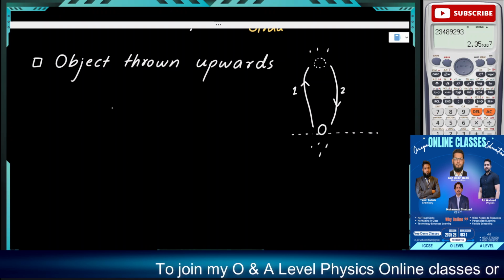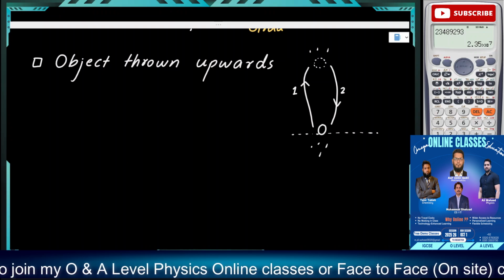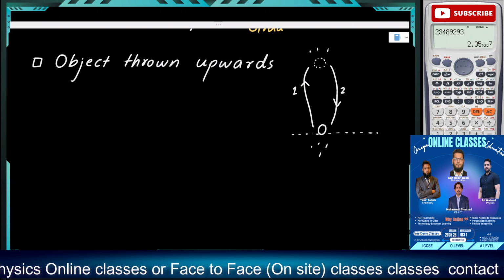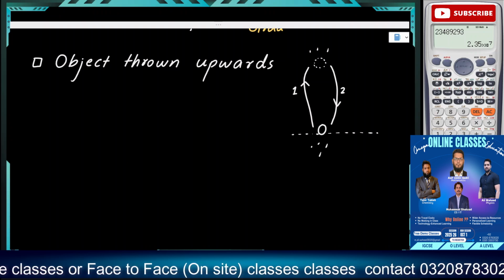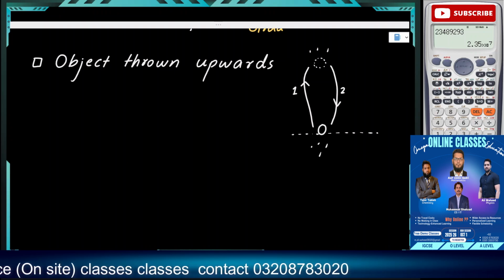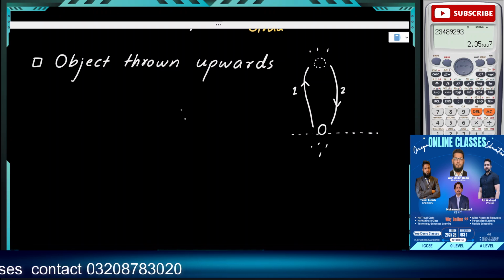So let us consider the first part, when the object is thrown upward, when the object is going upwards. And we'll have to consider a sign convention also. So upward motion, the velocity upward has to be taken as positive or negative. So what convention do we use?